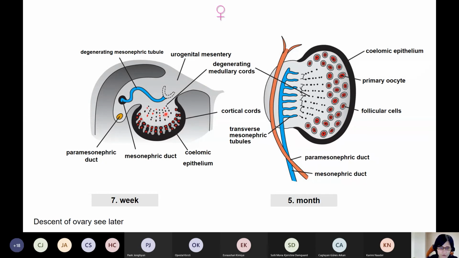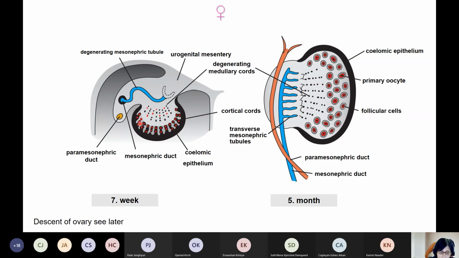These blood vessels, nerves replace the site of these degenerating medullary cords. And then this area will be the medulla of the ovary. In a later step, from the surface, the proliferating coelomic epithelium will give rise to secondary or cortical cords.